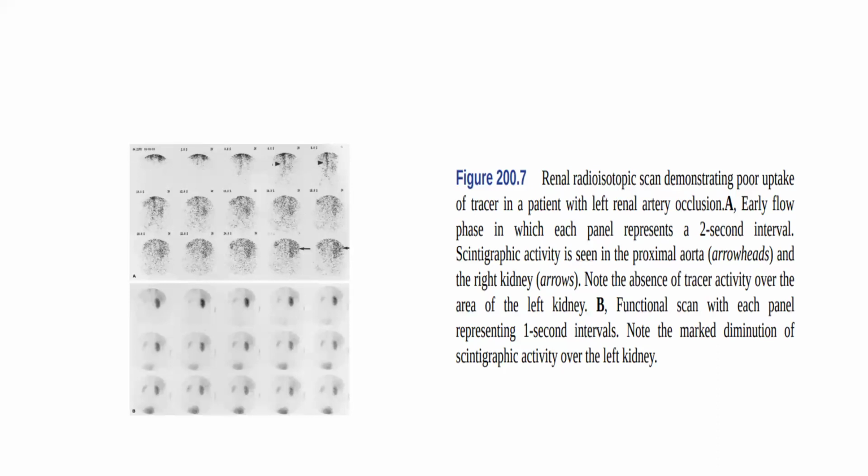There is absence of tracer activity over the area of the left kidney. And B is the functional scan with each panel representing a 1-second interval. Note the marked diminution of scintigraphic activity over the left kidney.